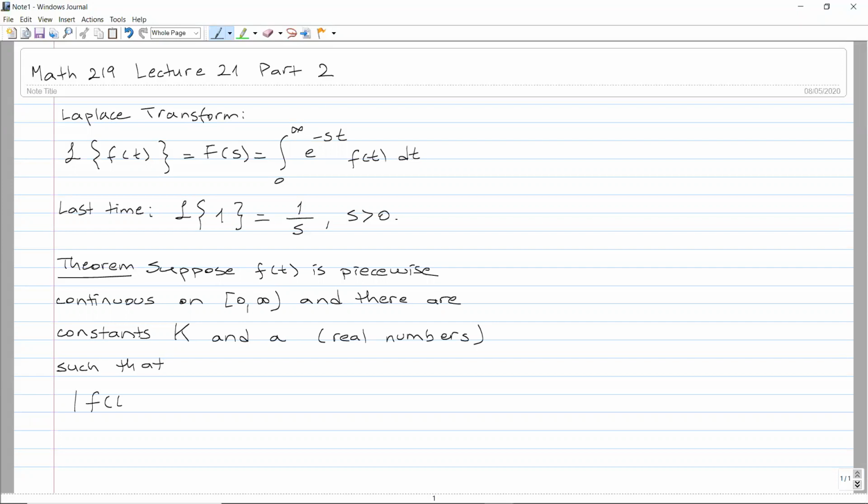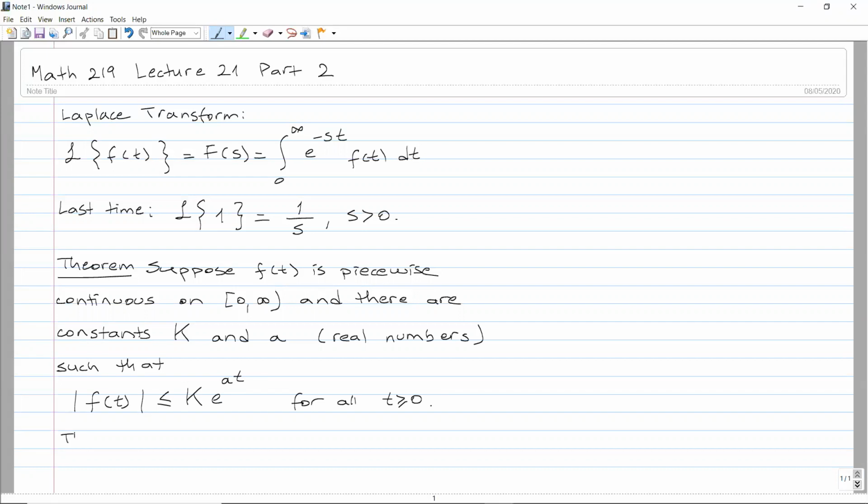For the convergence of the improper integral, we are going to use a comparison theorem. And for the comparison theorem, remember, the absolute value of the function should be less than some function whose improper integral converges. So we take the absolute value of our function to be less than or equal to some constant k times the exponential function e to the at for all t greater than or equal to 0, because this is the interval we are looking at.